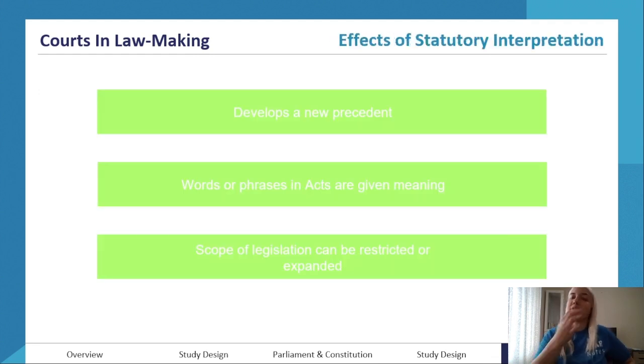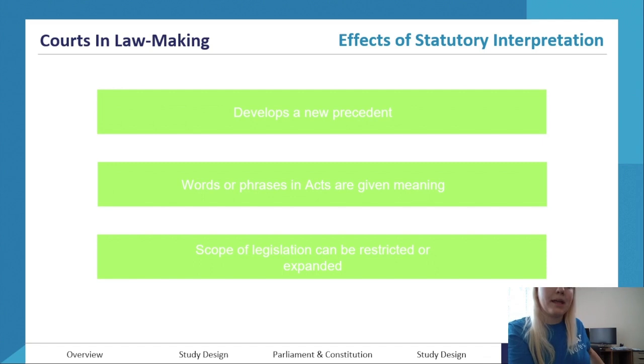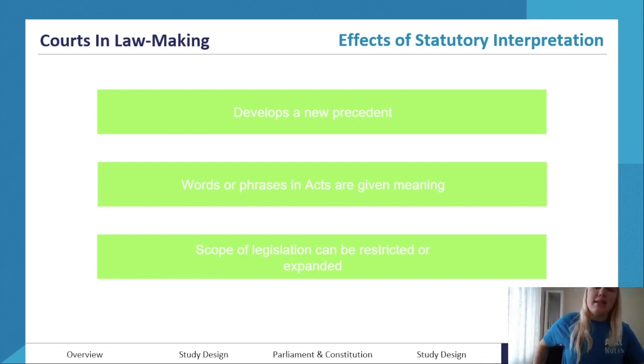Now, you also need to know the effects of statutory interpretation. You do need to read up a little bit more on these, but I'll just explain them as we go. So the effects include developing a new precedent. Obviously, we talked about this, that if an act is lacking or something is missing or there is no existing act for a judge to follow, of course, in that instance, that fulfills that criteria for creating common law.